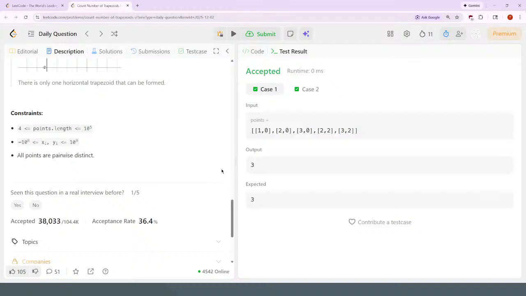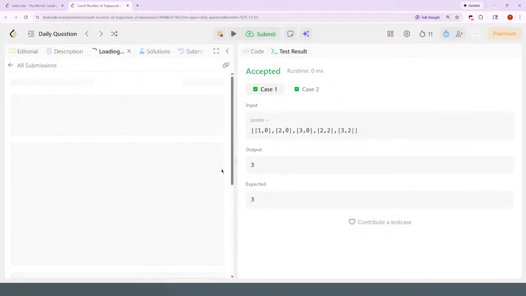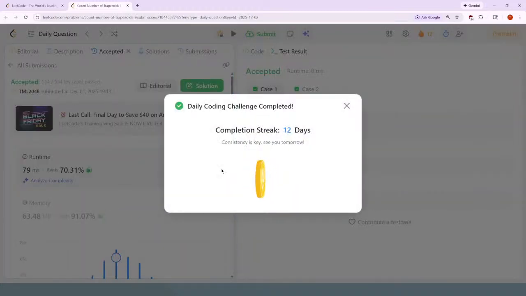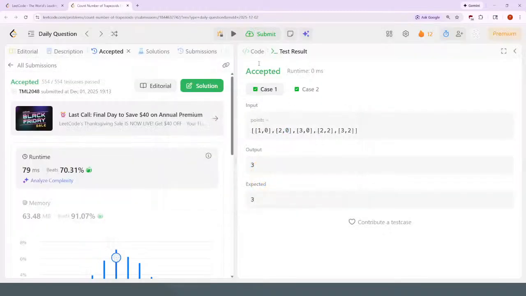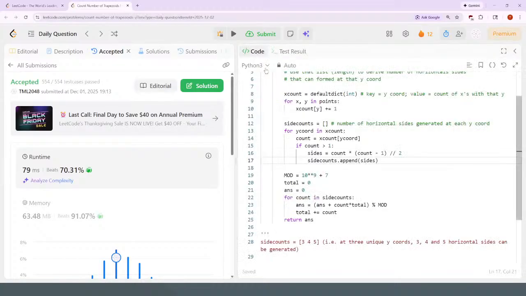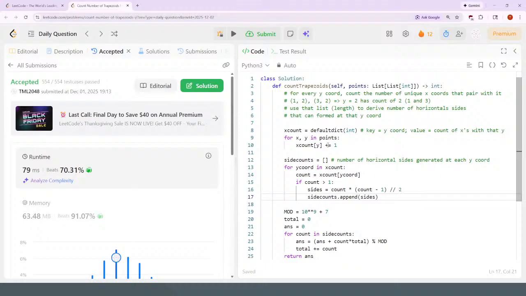Okay. Alright, 70%. Can go faster somehow. So I have my dictionary.